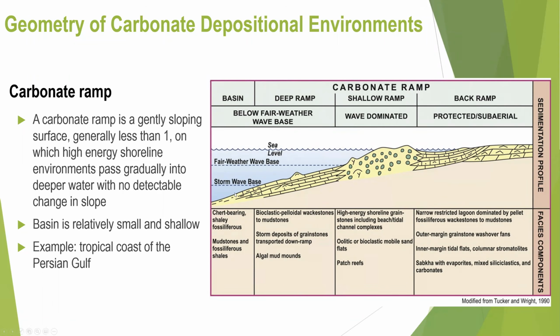the size of the layers decreases, and we have also fine organisms or skeletal grains. We have also a lagoonal system, but not as extensive as the shelf system.